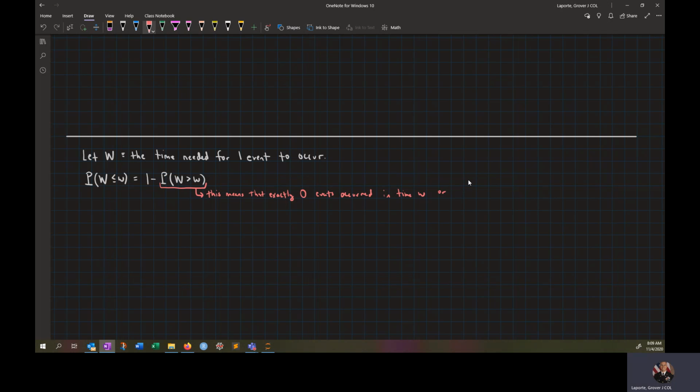Or a better way to say this is if I let the random variable X be the number of events in W, governed by this Poisson process with alpha, then X must be distributed as a Poisson with alpha W, instead of alpha T now.